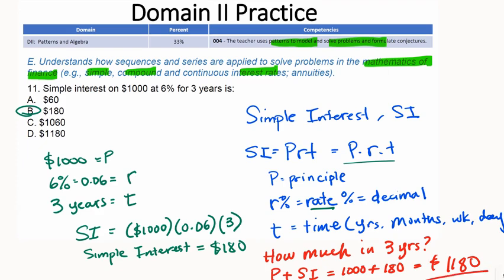Again, the question right now is just how much is the simple interest, but sometimes they change the question to how much it will be in 3 years. Good? Okay, so basically, the answer right now is this.